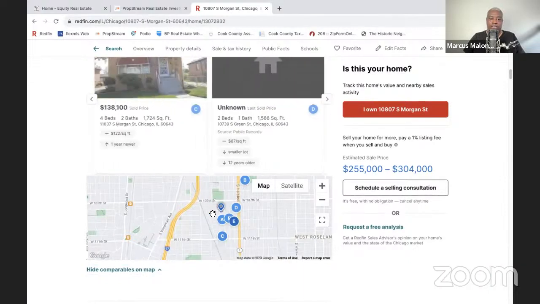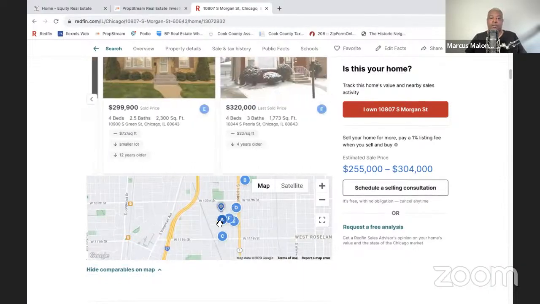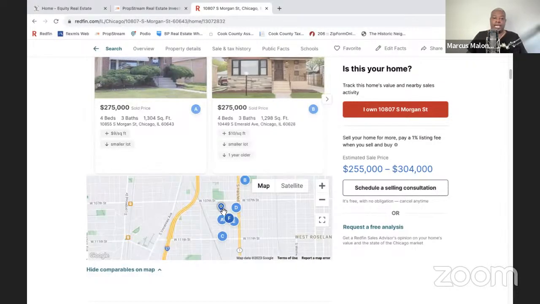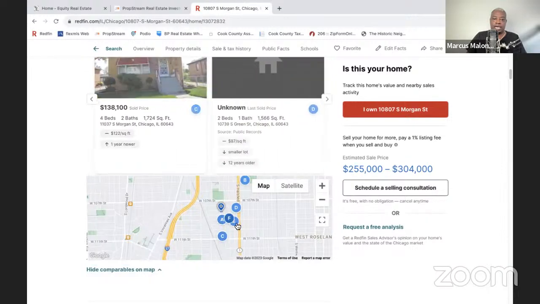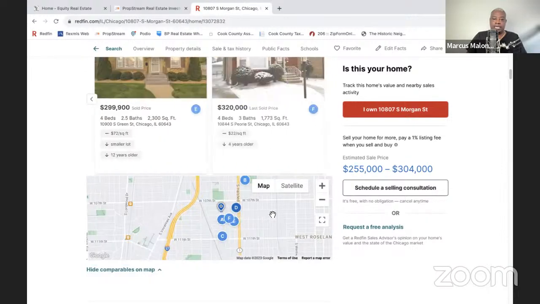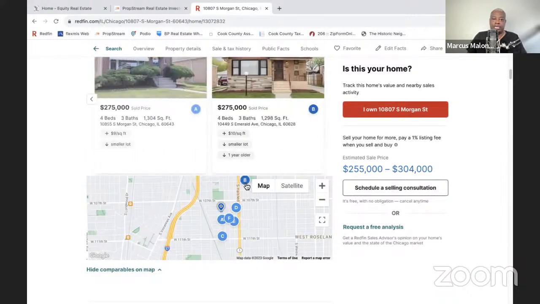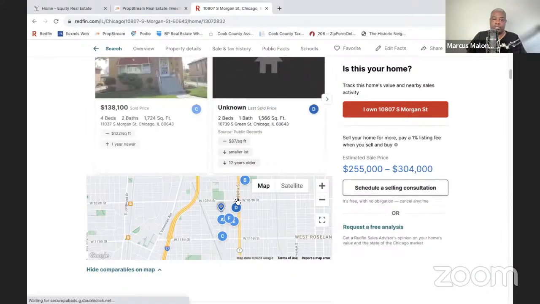All of my comparable properties I would want to keep in this area. As you can see, we have A, C, F, E, and D. We don't have B in this area because it's crossed 2 major streets. It's east of Halsted and it's north of 107th Street.